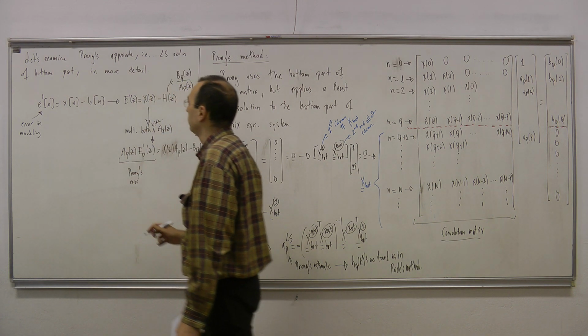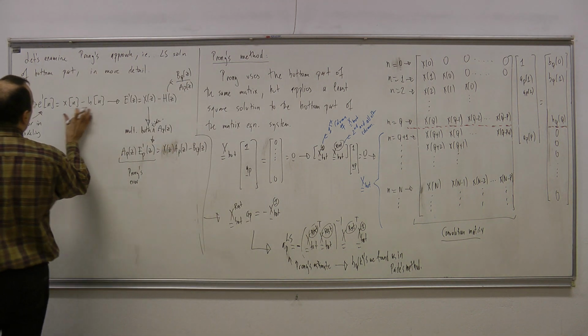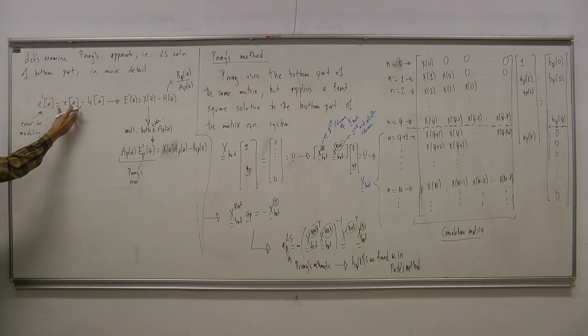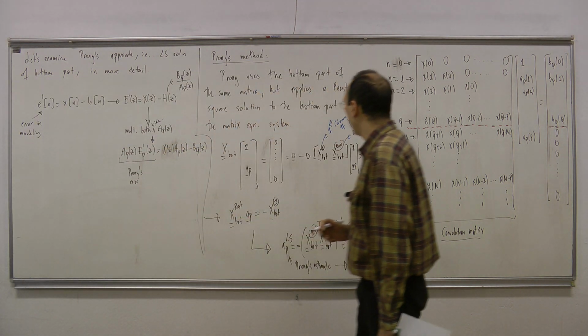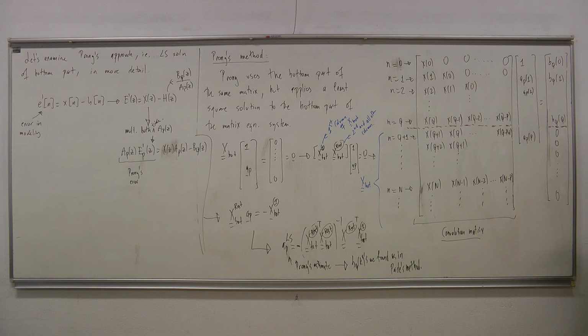Do you remember I was discussing that this error is difficult to minimize in the least square sense, or even to equate exactly to 0, because I have some nonlinear equations. But for this one, I managed to at least solve for a's without any nonlinear equation solving, isn't it?